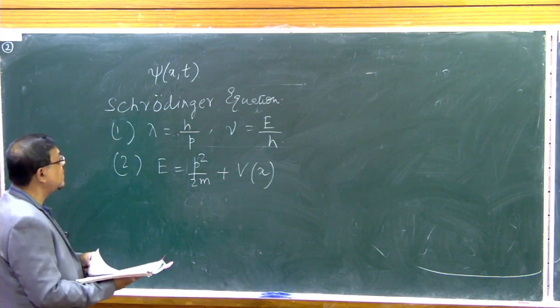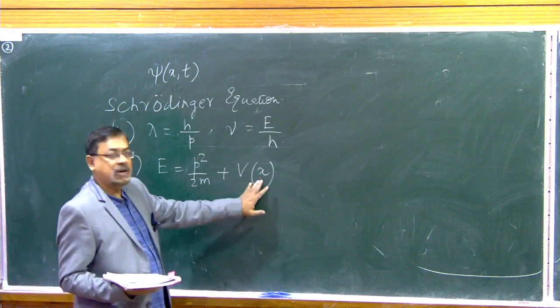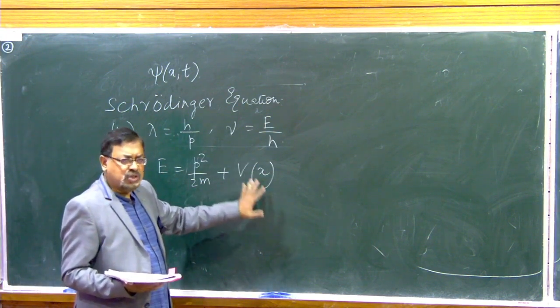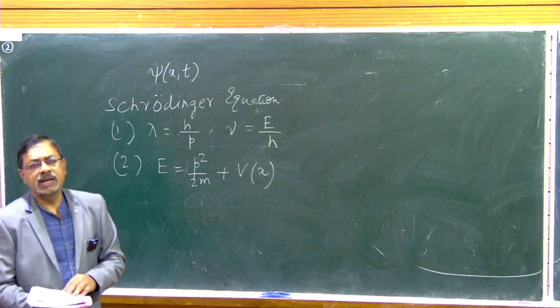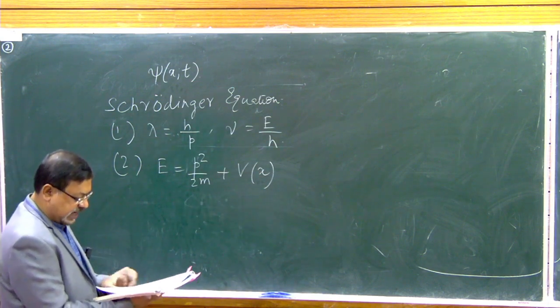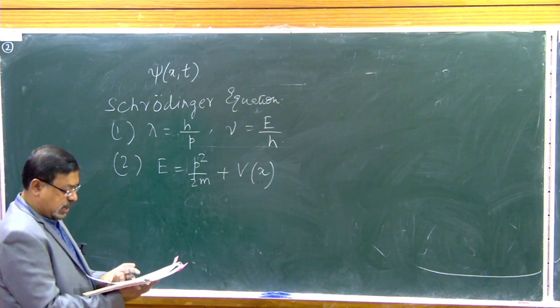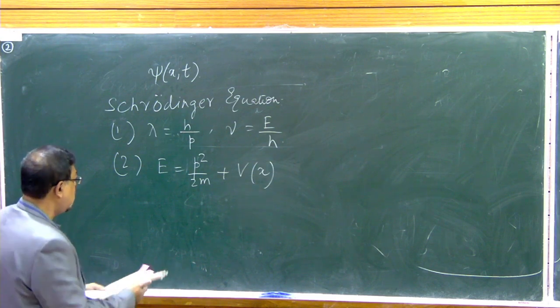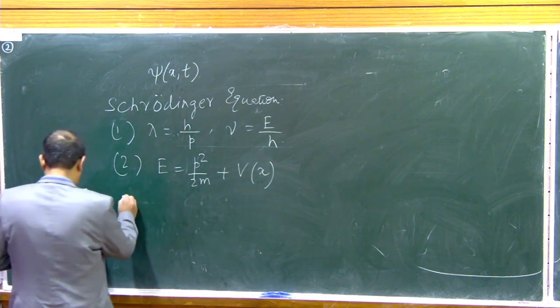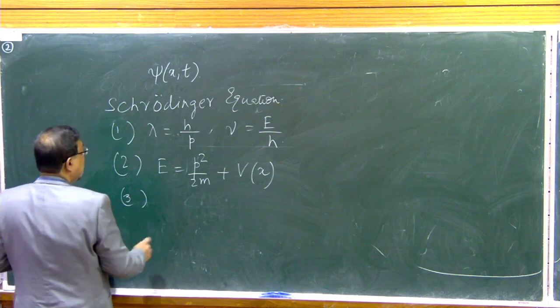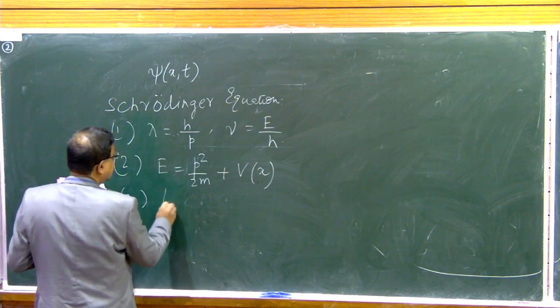And V could be a function of x and t, but in most cases, at least for you, it is only a function of x, and most of the time it is also a constant. And the third one: the equation must be linear in psi.